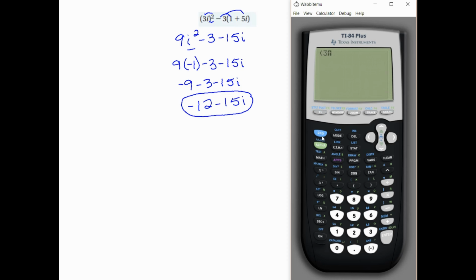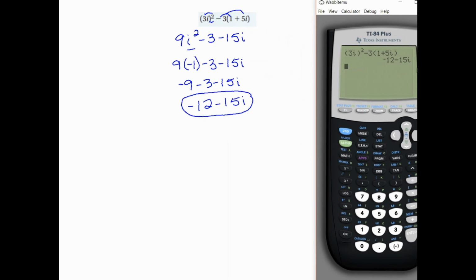If it's going to happen on the video, it's going to work. So 3i squared minus 3 parentheses 1 plus 5 second i. And isn't that what we ended up with? Yes, it is. So the calculator can do it too.